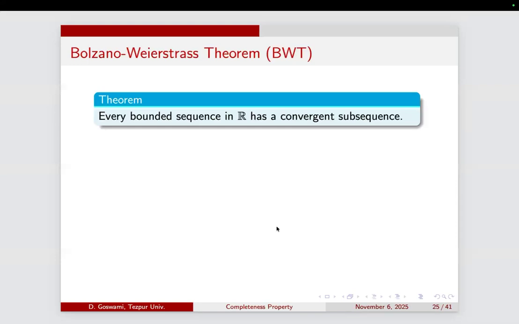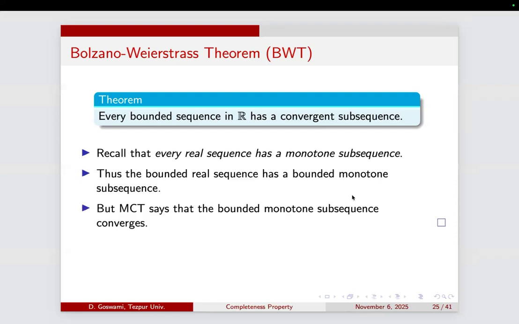Now the connection with respect to subsequences. The Bolzano-Weierstrass theorem says that every bounded sequence in R has a convergent subsequence. Okay, so it's basically a combination of statements.